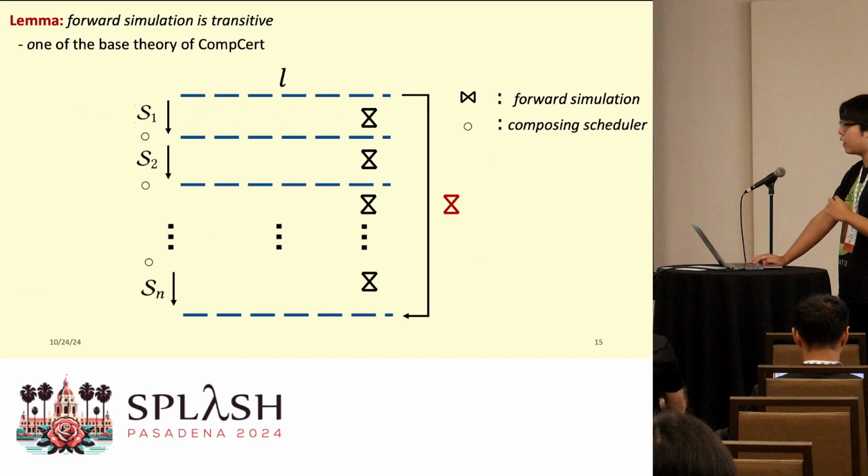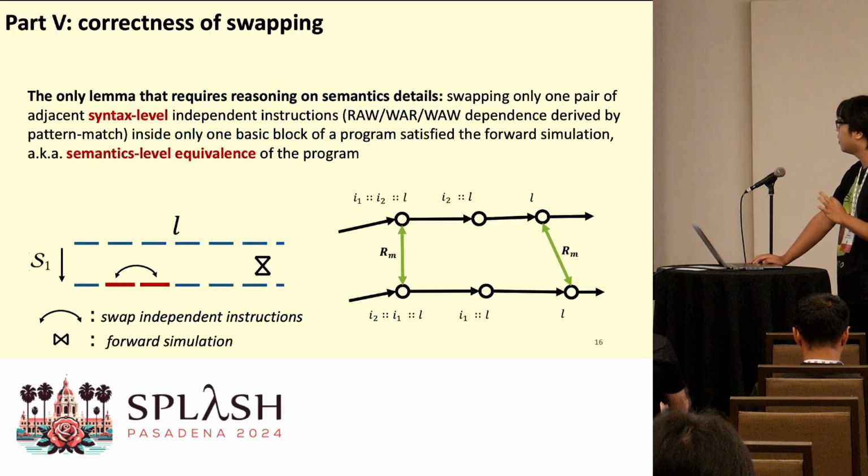So that means if a pass is equivalent to a composition of a finite sequence of smaller passes, as long as all of the smaller passes preserve the forward simulations, the bigger pass also preserves the forward simulation. So I think now it's obvious what we want to prove finally.